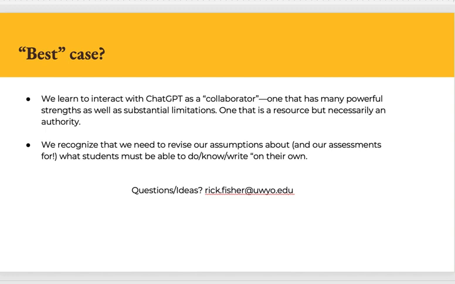And when I mention that our assessments might also need to be revised, what I mean is that most of the way education, K-12 and higher ed, is currently set up is with the expectation that learners are independent actors in the world, and that we must be able to hold them individually accountable. And I wonder if we're moving towards a place where we can start to challenge that way of thinking.